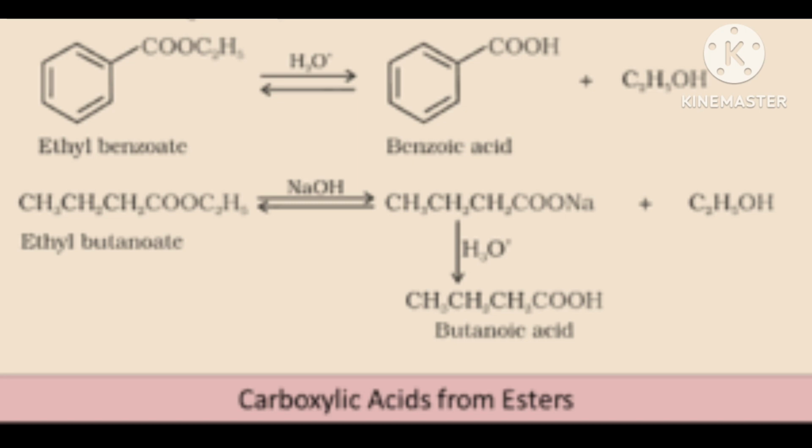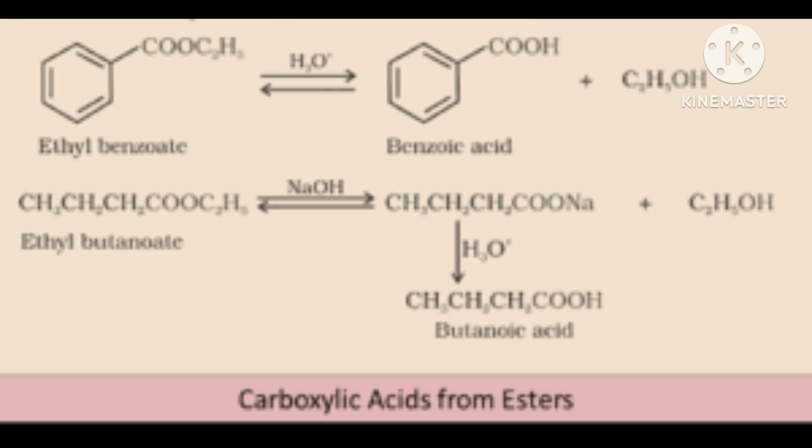Then what do you have to do? Tollens' reagent is a mild oxidizing agent. Tollens' reagent is also called ammoniacal silver nitrate. Directly one oxygen will be introduced. CHO is there, one oxygen will be introduced, and you will get COOH.